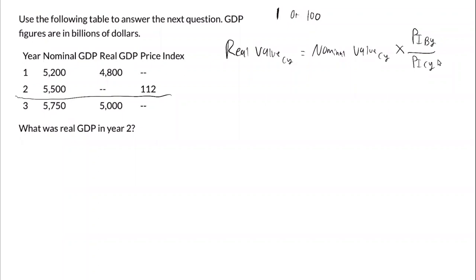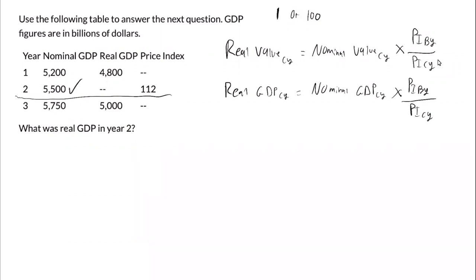I'm going to rewrite this formula: instead of value, we're going to use real GDP in the current year equals the nominal GDP in the current year times our price index in the base year divided by the price index in the current year. Now we can plug some values in.